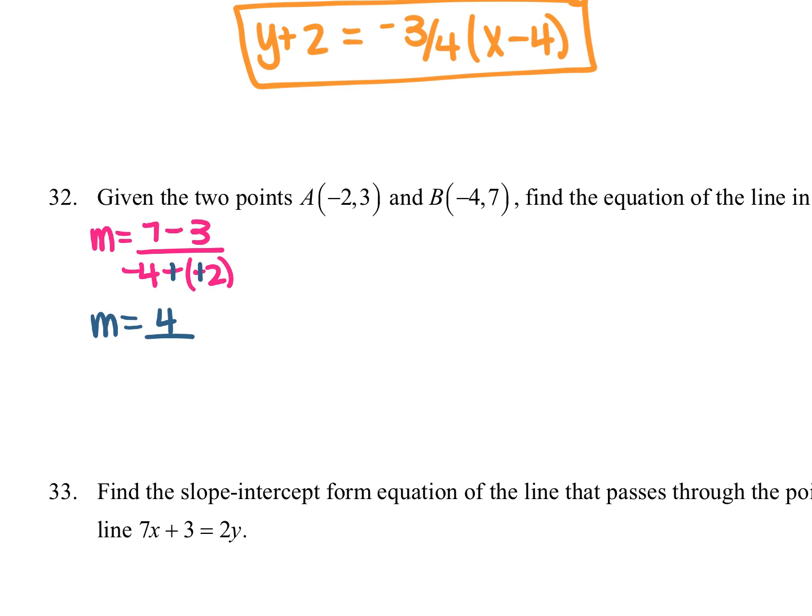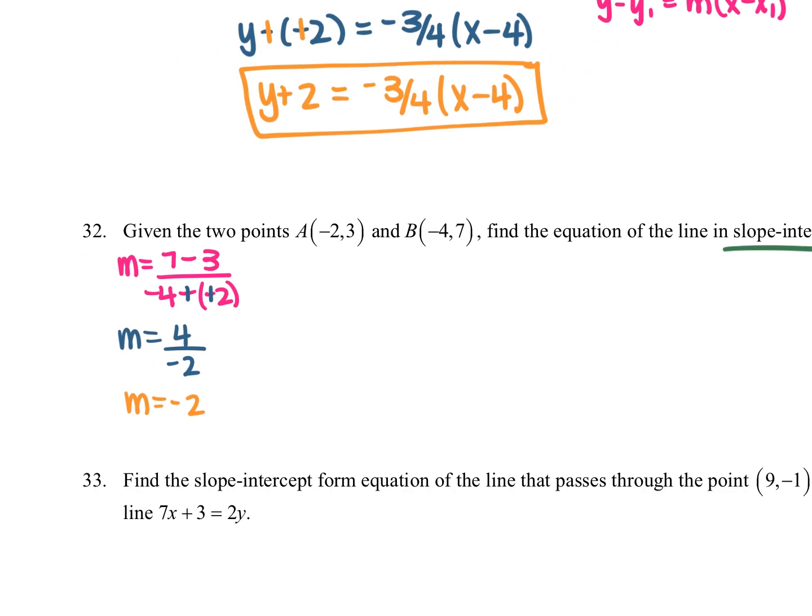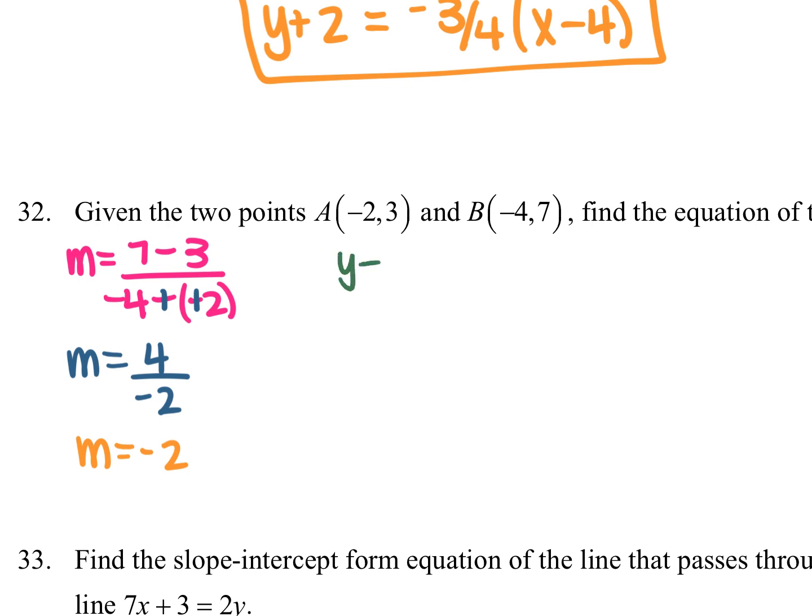Double negatives turn to positives. Negative 4 plus 2 gives us negative 2. 4 divided by negative 2 is negative 2. If we use that in one of those two ordered pairs in point slope form and then turn it into slope intercept form, that means we're going to have y minus 3 is equal to negative 2 times x minus negative 2.